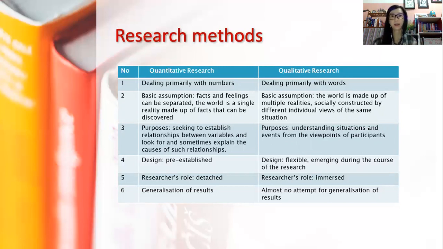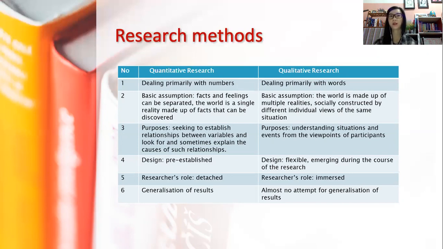The first aspect is about the data or information that each research will obtain or deal with. For quantitative research, from the name, quantitative, quantity, it deals primarily with quantity, with numbers. So what kind of data do we have?